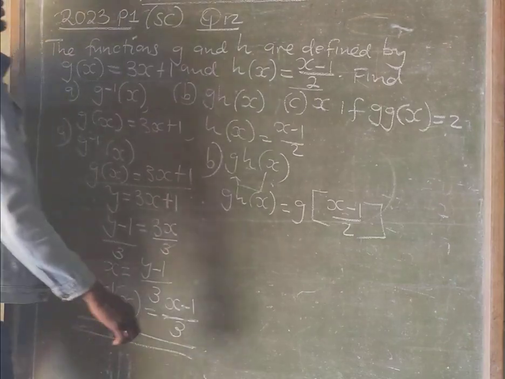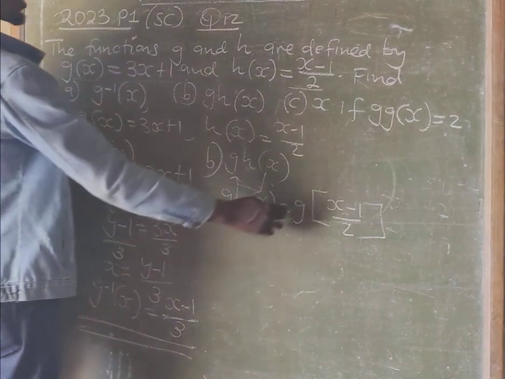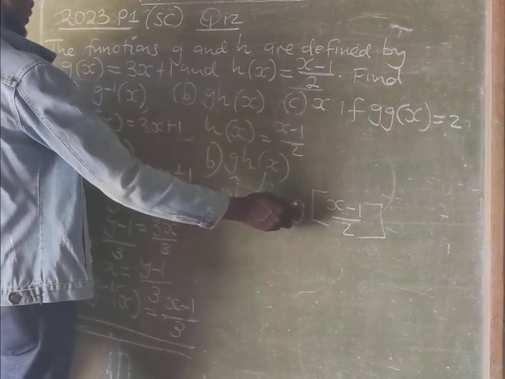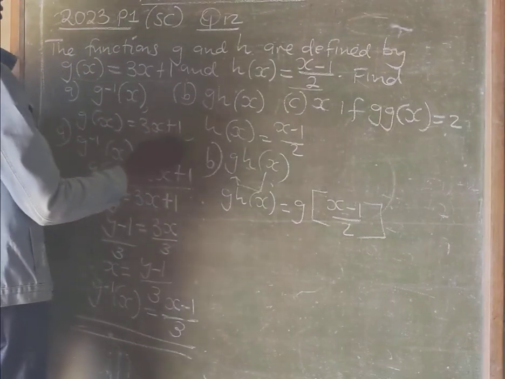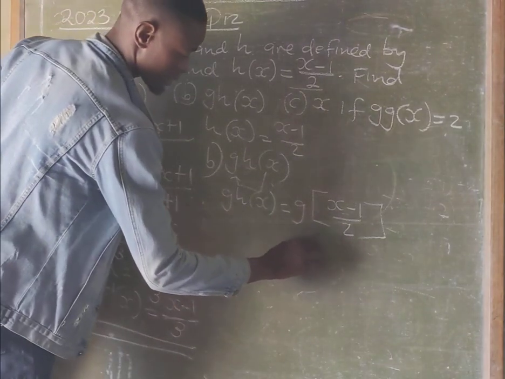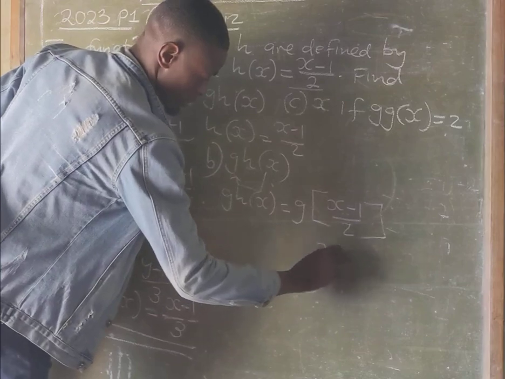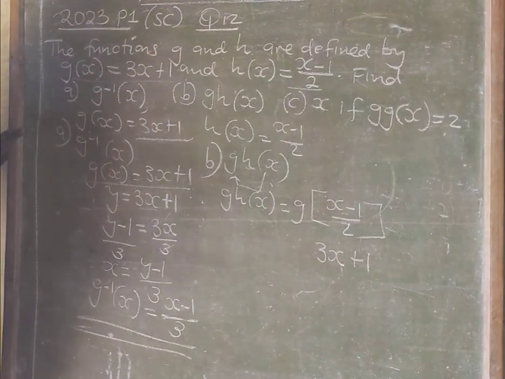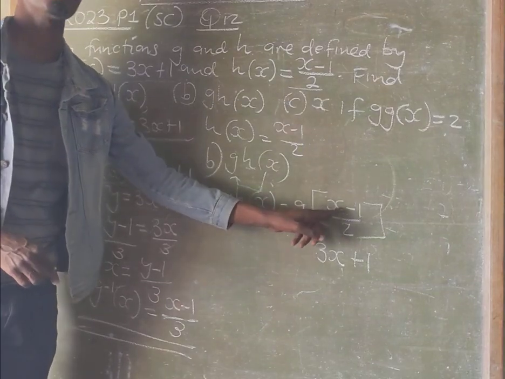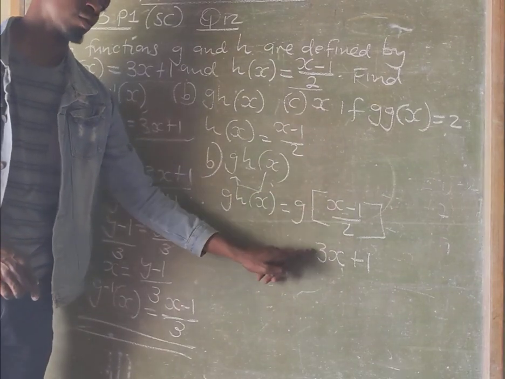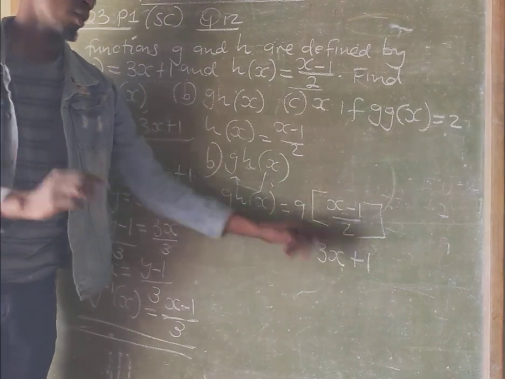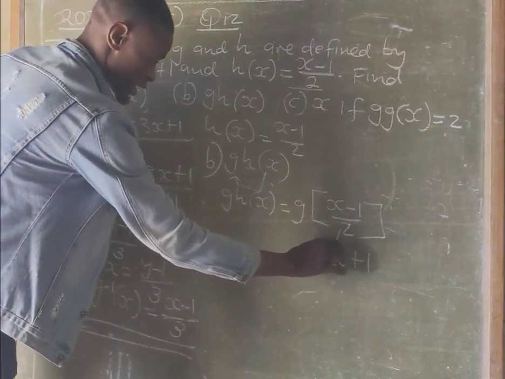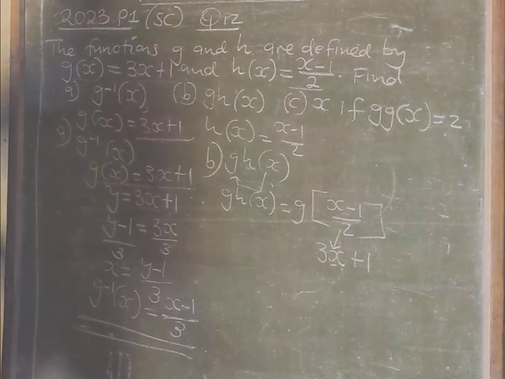The function of g we have is 3x plus 1. What is happening is we are replacing this function of h into the function of g, where there's x.